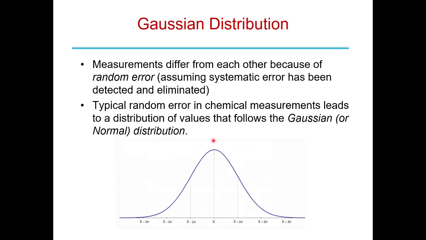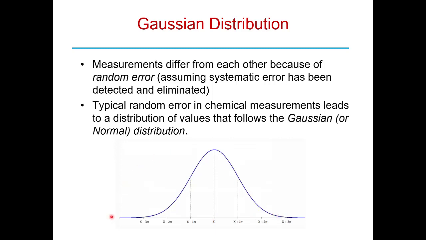So it is most likely that we're going to measure the true value, the mean value. But there's also a pretty good chance that we could be a little bit off from that due to random error. There's a much lower chance, because this curve is much lower, that we would measure a value that is far away from the mean value due to just random error.